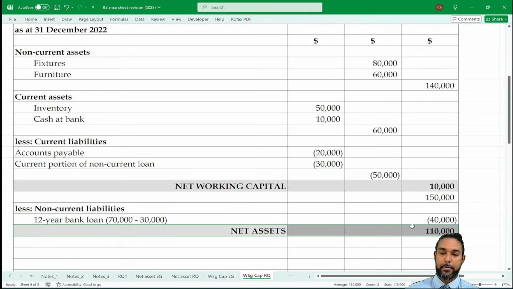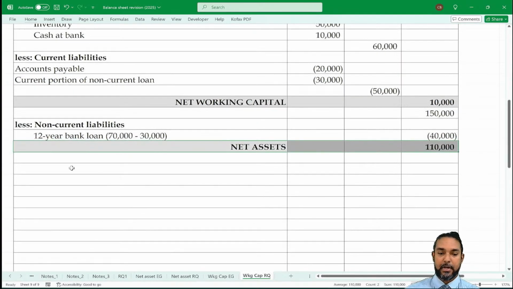All right, no problem. Right, and then we have financed by, so financed by capital. Right, and you could just put the 110, because we had to calculate that.